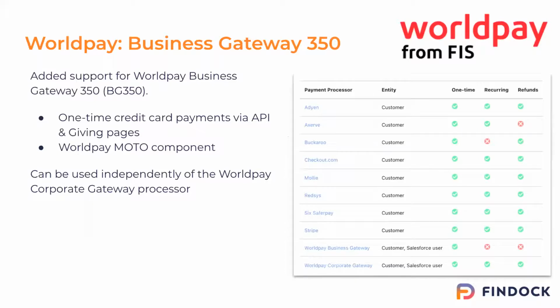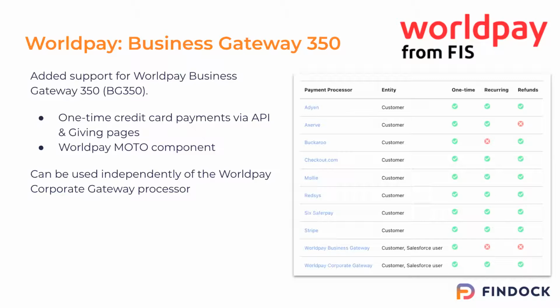Secondly, we added support for the Worldpay Business Gateway 350, or as at Worldpay they call it BG 350, which is a different payment processor that is a separate product managed by Worldpay that is very common for the SMB market in the UK.